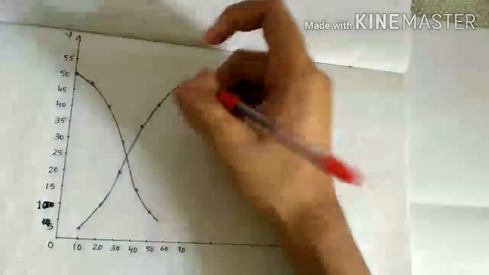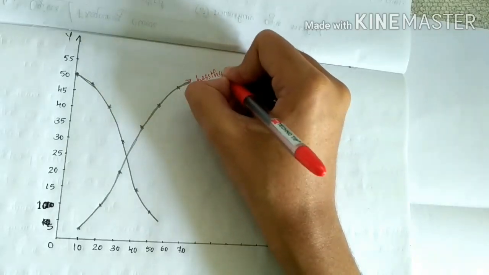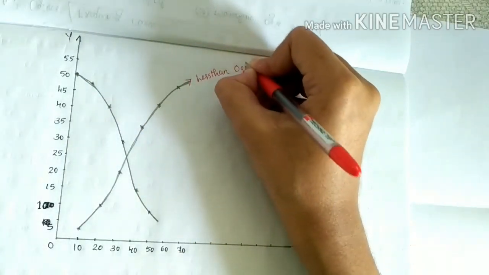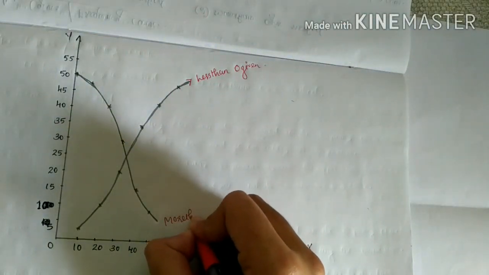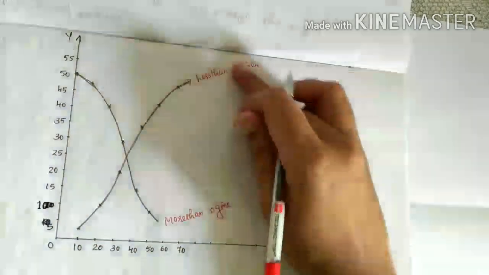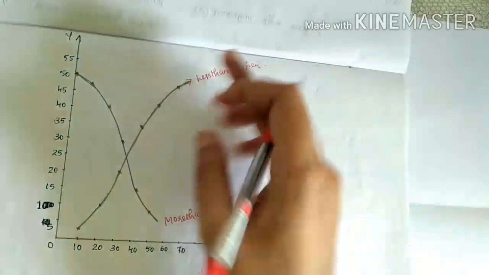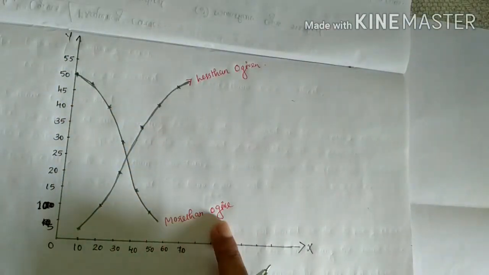So this curve is known as less than ogive and this one is known as more than ogive. The less than ogive curve is in increasing order, and the more than ogive or more than cumulative frequency curve is in decreasing order.